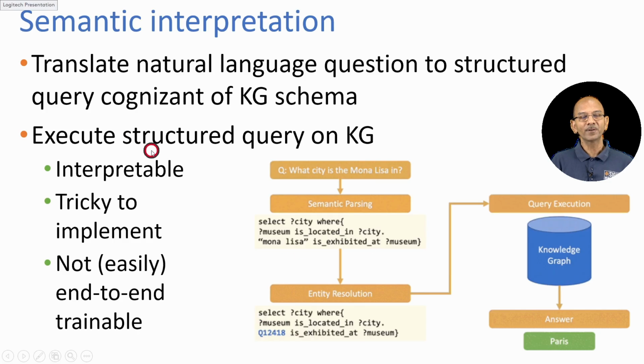This makes the process very interpretable to experts. An expert who understands SPARQL can look at the query with its embedded constants and find out if the translation was correct or not. But it is quite tricky to implement, and it's not so easily end-to-end trainable.